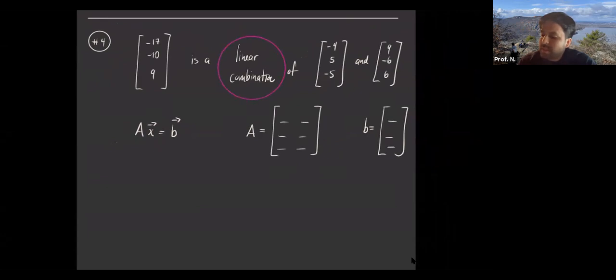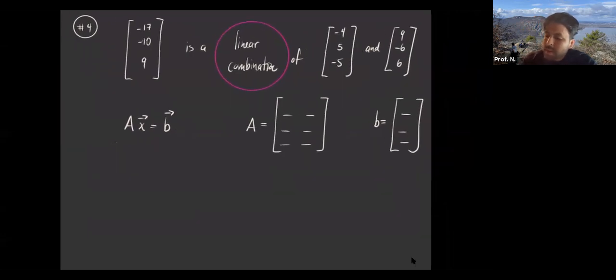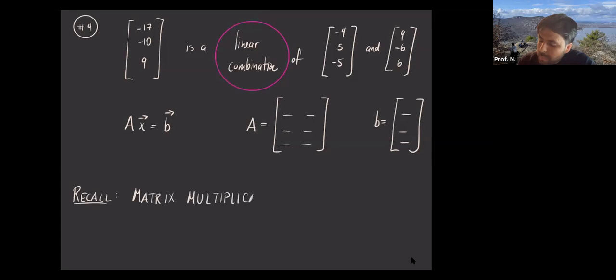Linear combinations. To know about linear combinations, we're going to continue with this idea of matrix multiplication for now. Remember we talked about matrix multiplication, so recall how we defined it. It was a very particular way, wasn't it?